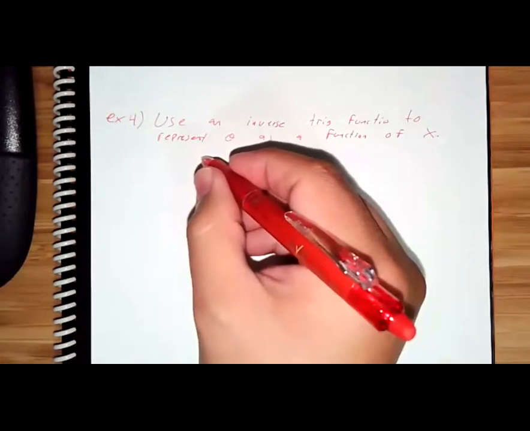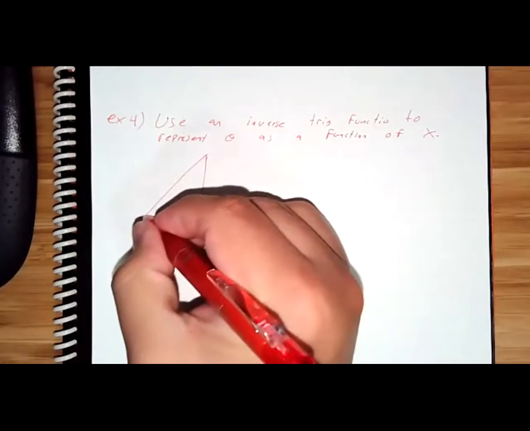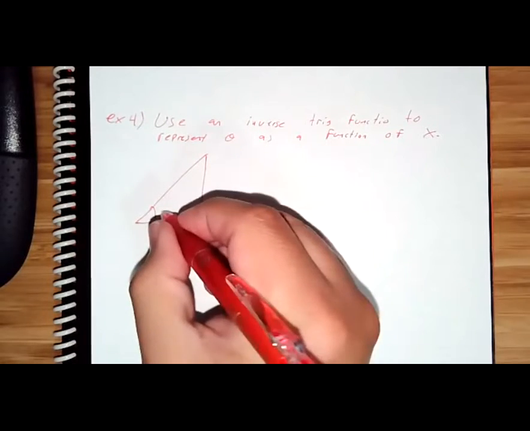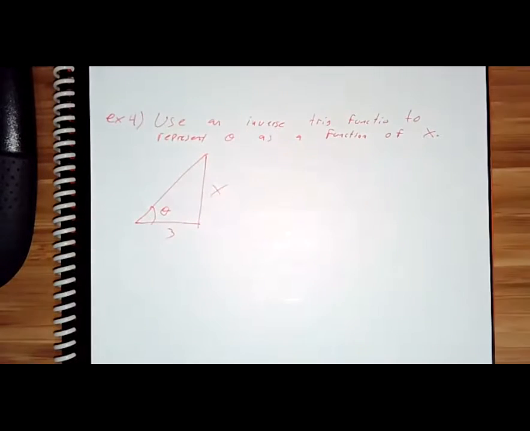So all they really give us is a triangle. They put theta right here. They put 3 and x right there. So they basically want you to solve for theta.